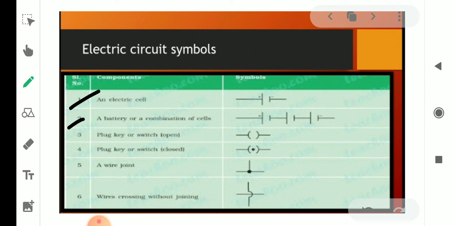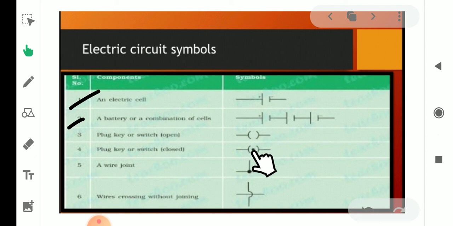Next, the third component let us study, that is the plug key, or a switch as we call it. Here you can see an open switch, the third component symbol. Here you can see there is no connection between the two terminals of the switch, so the electric current is not able to pass through. So we call it an open switch, where the electric circuit becomes an open electric circuit, where there is no flow of electric current.